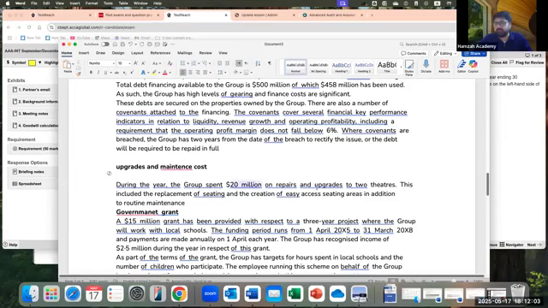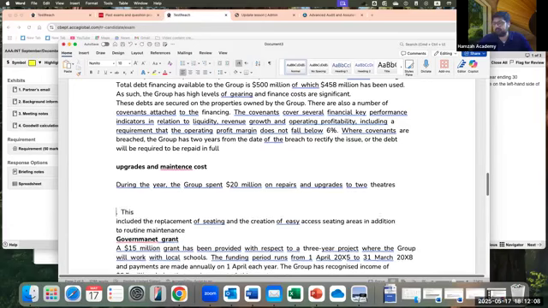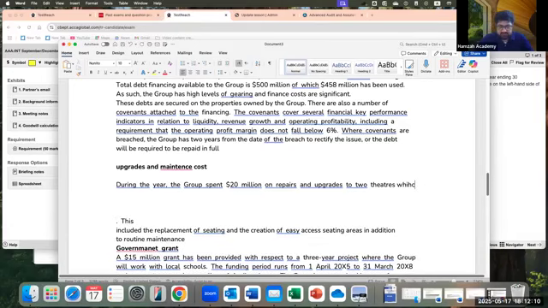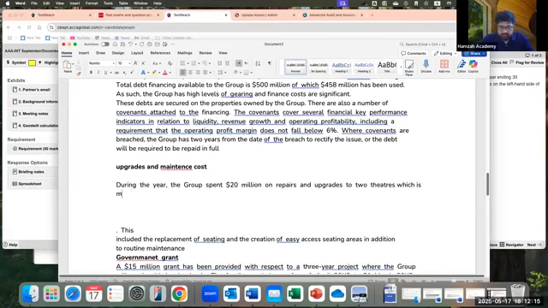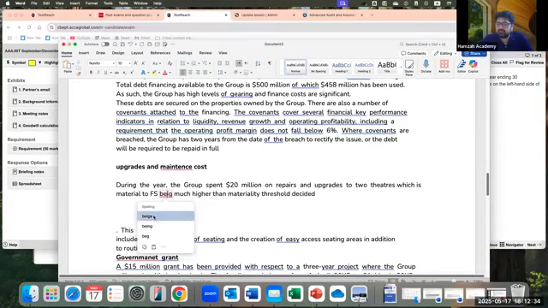The group spent 20 million, information from the scenario, which is material to financial statements, being much higher than the materiality threshold decided. Okay, materiality.